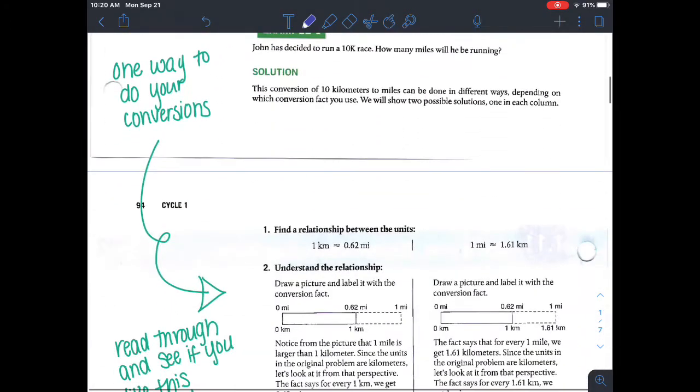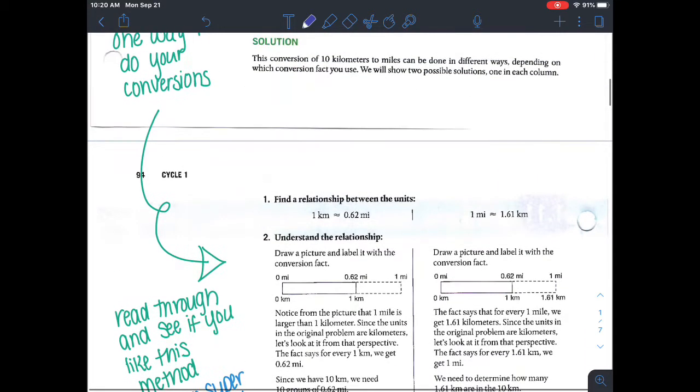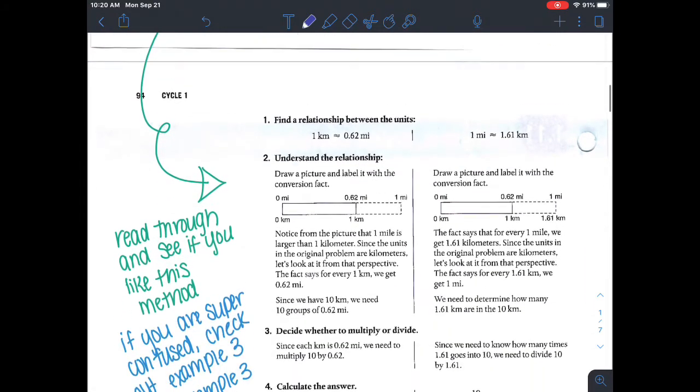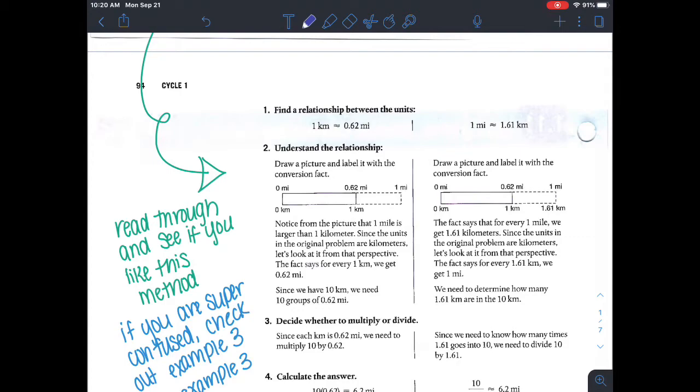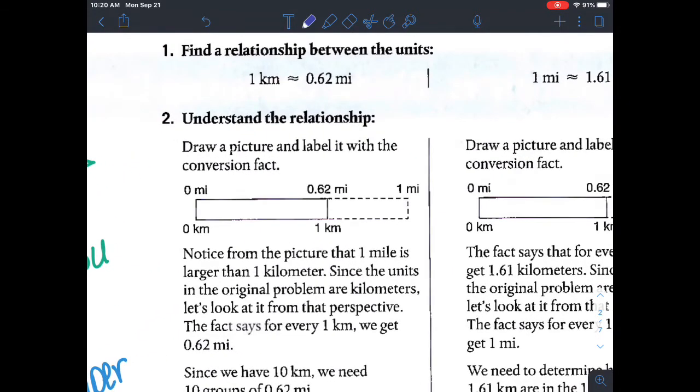What's our next one? So one way to do conversions is to understand the relationship between the part and the whole, which I feel like is a huge theme out of all of math. So 0.62 miles is equal to 1 kilometer, which is less than a mile.